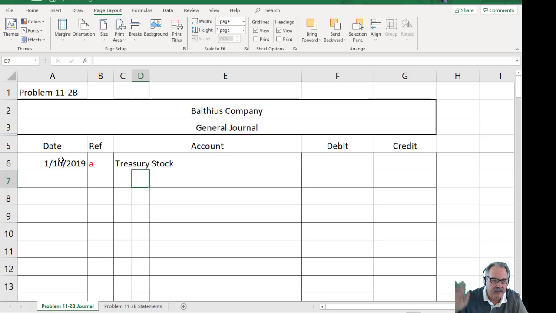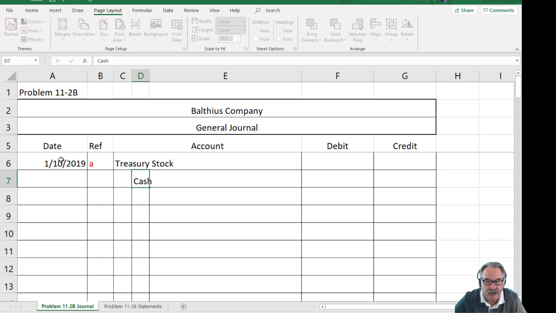Many of the big companies, Apple and Walmart, you name it, have been buying back their own stock. Why do they do that? It supports the stock price in the marketplace.